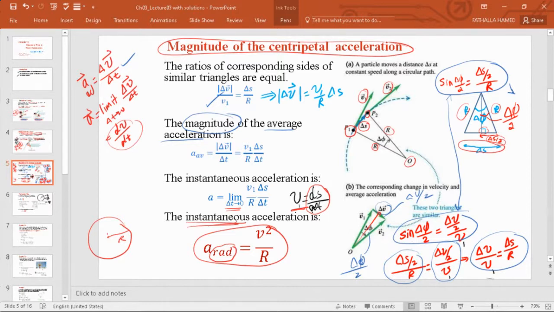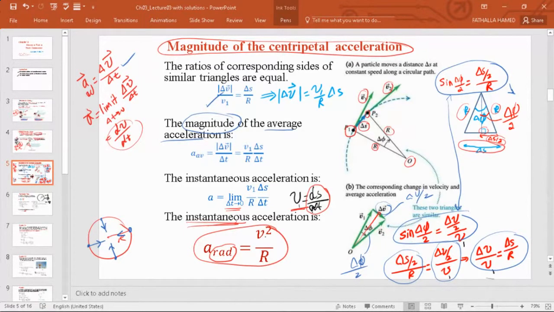For example, if the object is here, the acceleration will be pointing this way. If the object is here, the acceleration will be pointing that way. If the object is here, this way. If the object is here, that way. It always points toward the center.